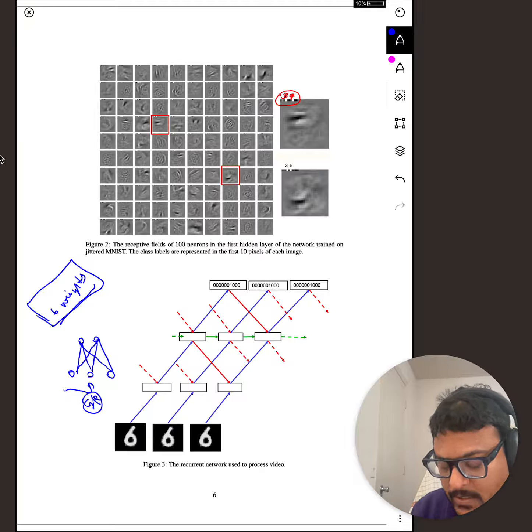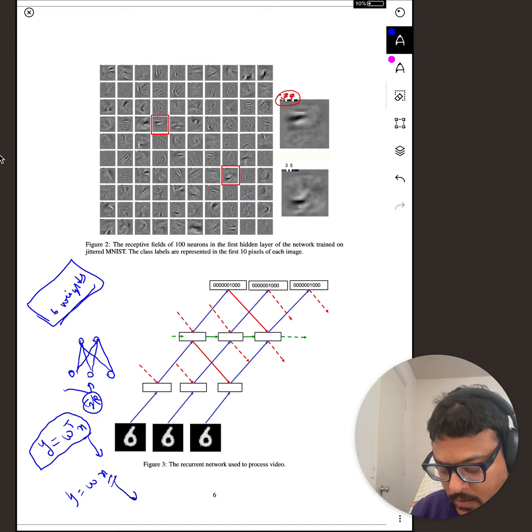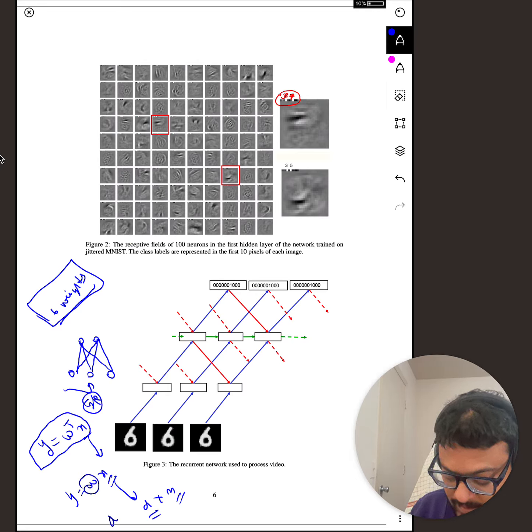Why? Because they teach in normal school that the forward pass of a neural network is w times x. So let's say y is equal to w times x, where x is a matrix of d cross n, a sequence of n tokens with d dimensions each, and your weight matrix is d by d.